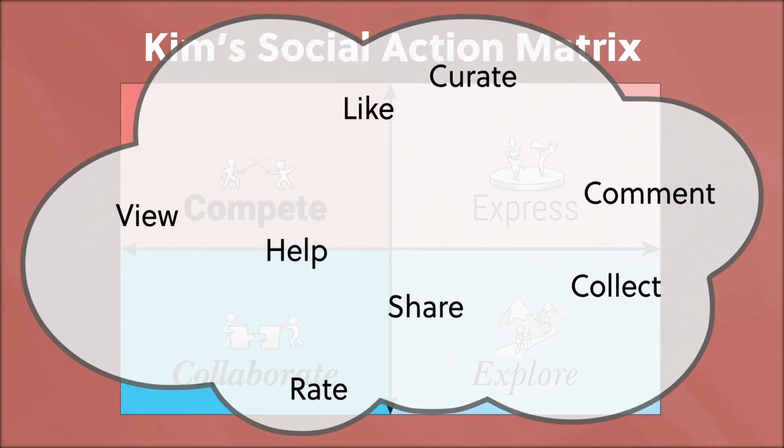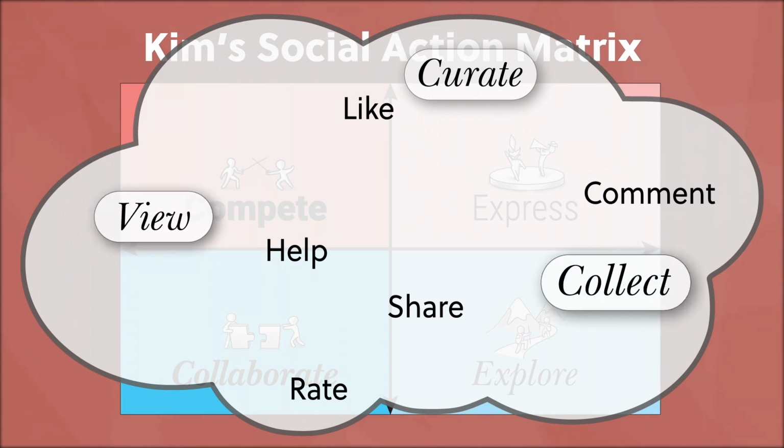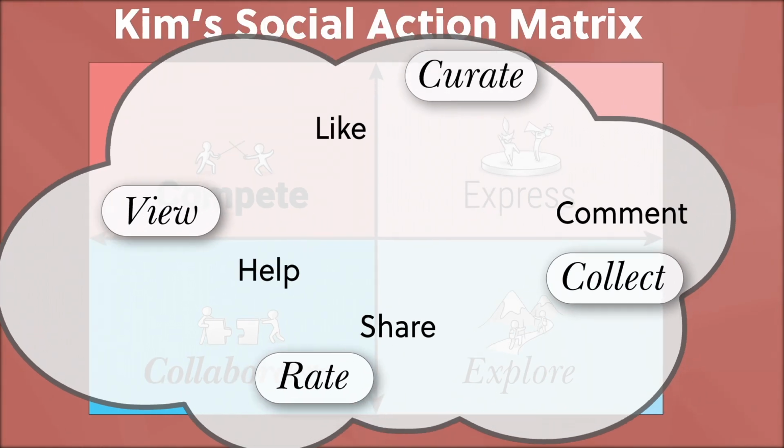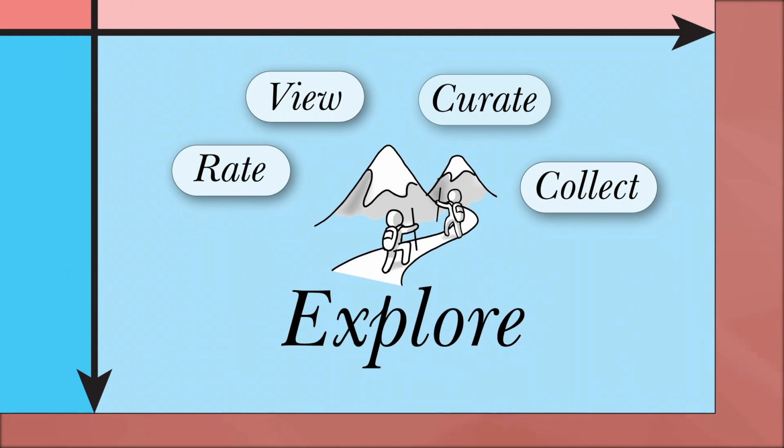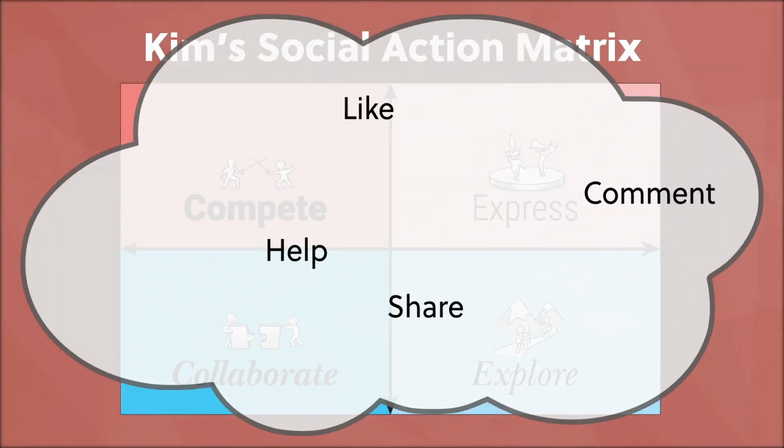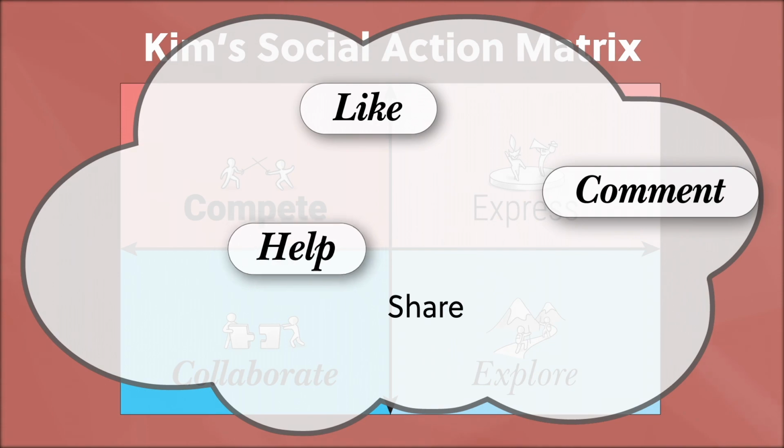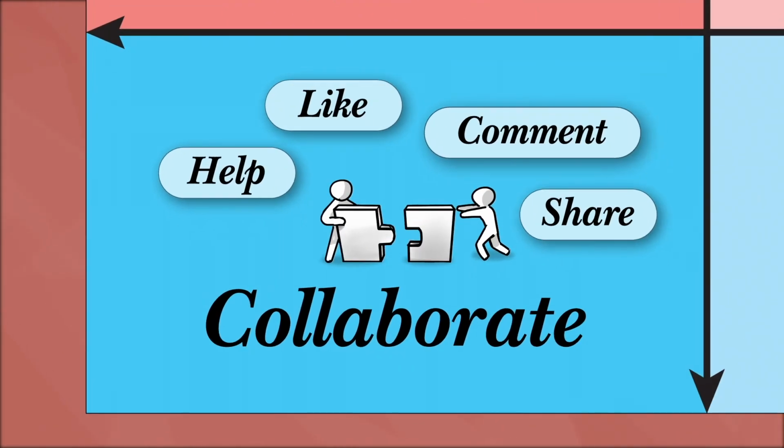If your verbs revolve around interacting with content, curating, viewing, collecting, rating, these are verbs of exploration. Those would go in the explore quadrant. And if you offer activities where people can give some social juice to others by liking, commenting, helping, gifting, and sharing, that's collaboration. Those would go in the collaborative quadrant.